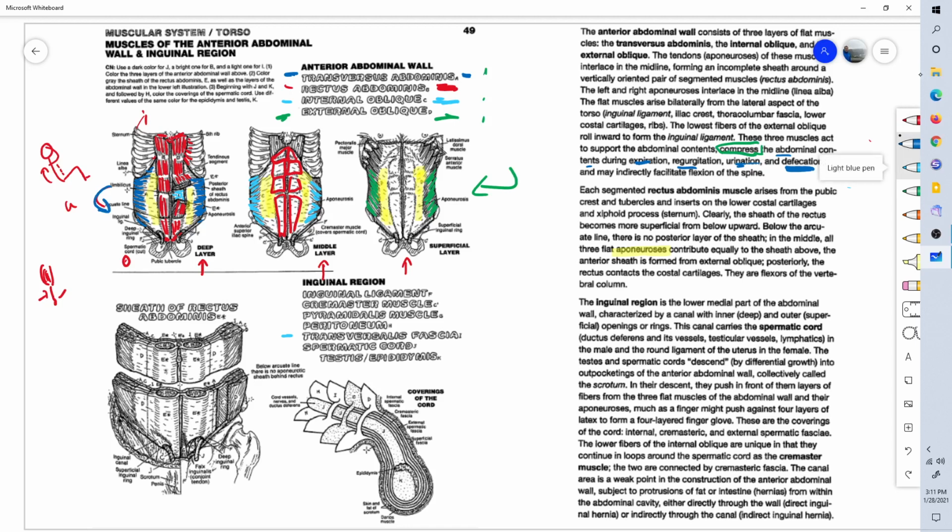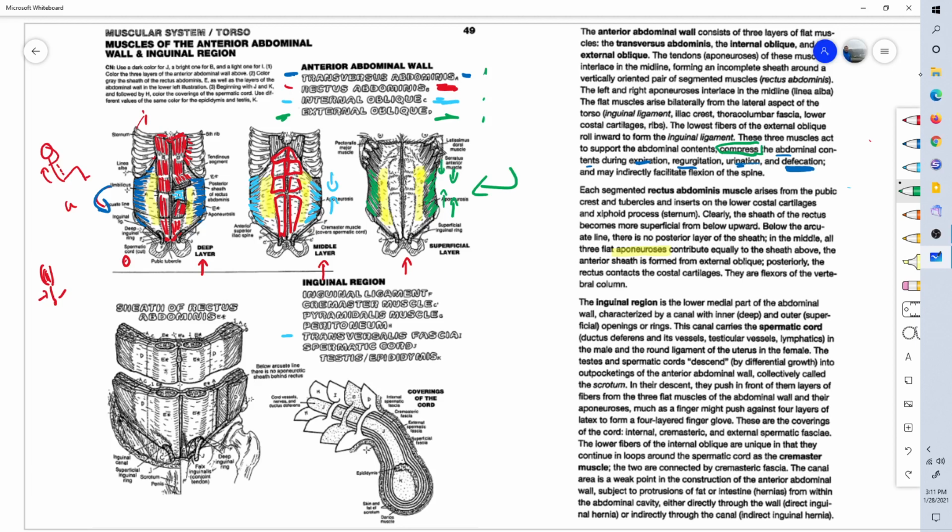The obliques, you can think of when you do side bends or side crunches, that's working on your obliques, and they also rotate as well. And then a side bending and a crunching. If these muscles contract, you can see how they would sort of crunch the side together, bring the hip up to the torso or to the thorax, the bony thorax.